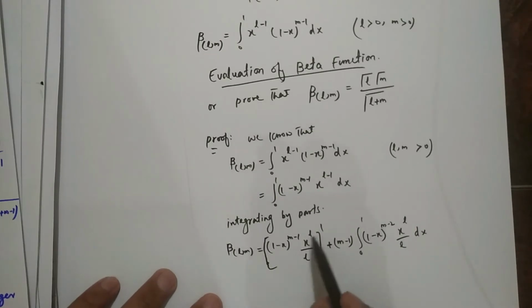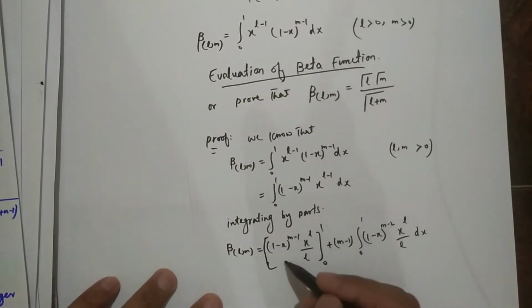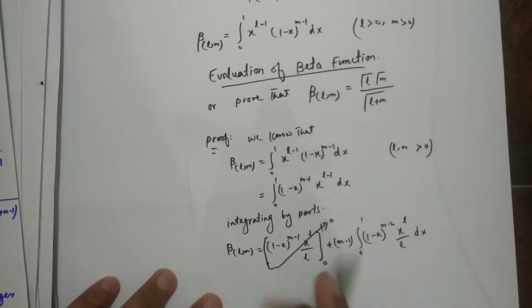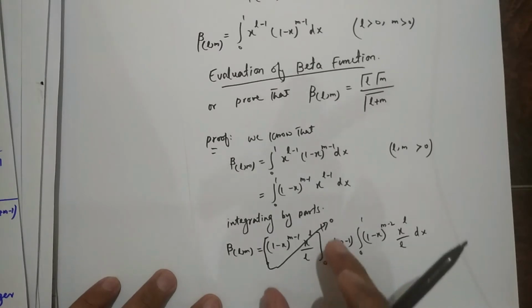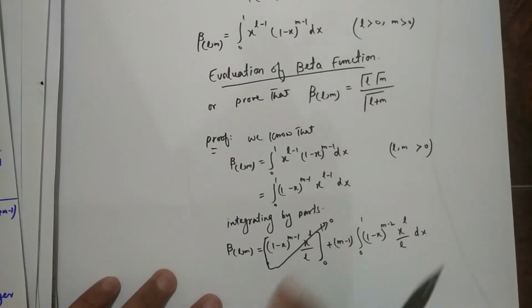So by applying these limits, this term goes to 0, because for the upper limit 1 minus 1 equals 0, and 0 is multiplied by this term. For the lower limit, (1 minus 0) to the power m minus 1 times 0 to the power L, so 0 will be multiplied with this term, again it will be 0. So by applying these limits, the whole term goes to 0.